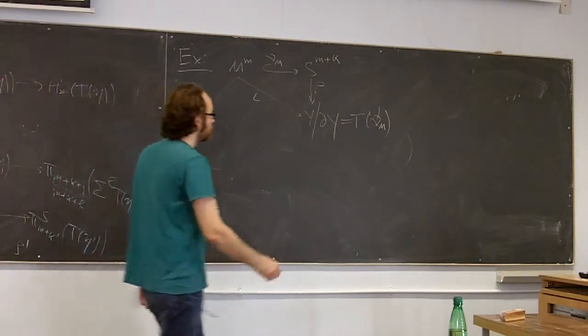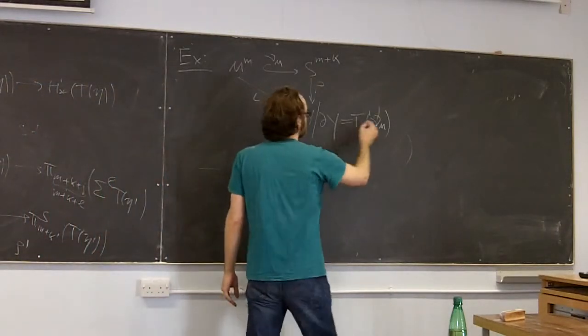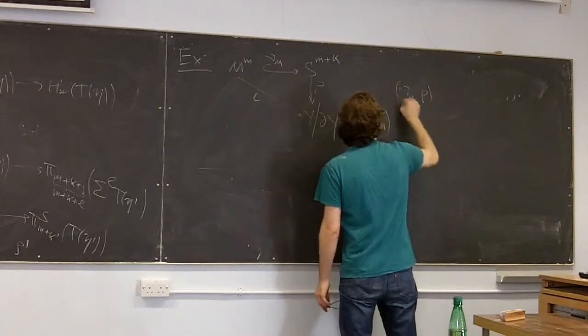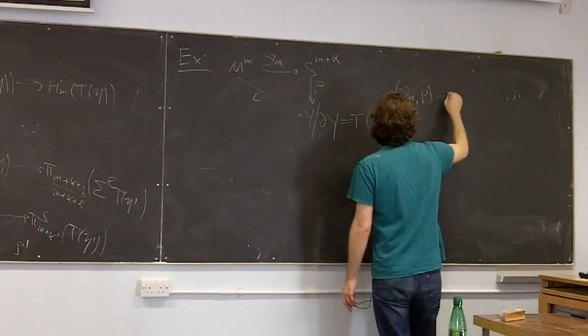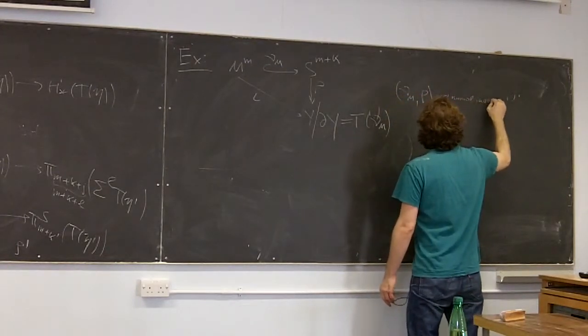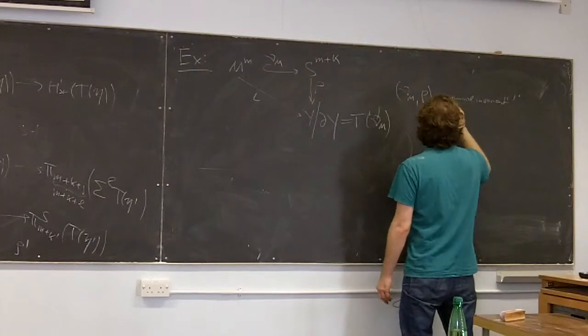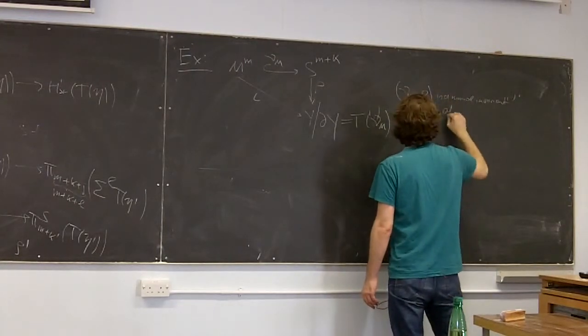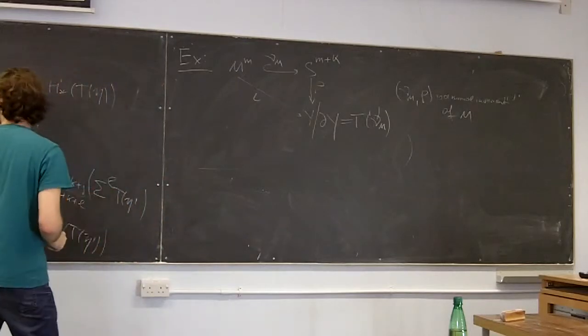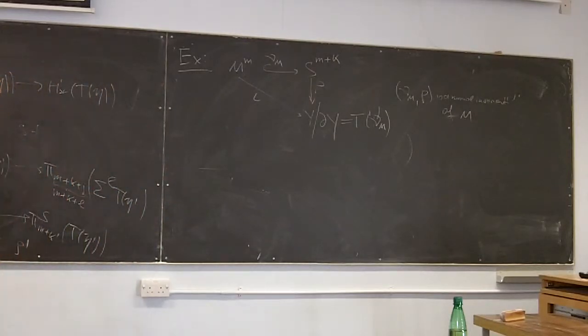Okay, so the claim is that nu M comma P is a normal invariant of M. Well, the only condition we have to check is the one I already, no, here.